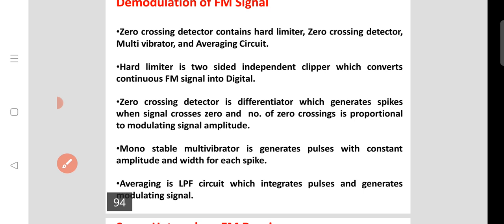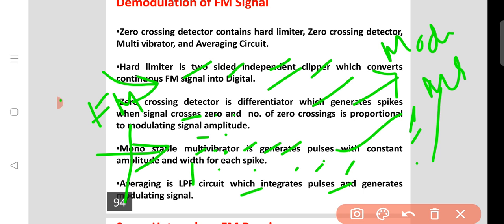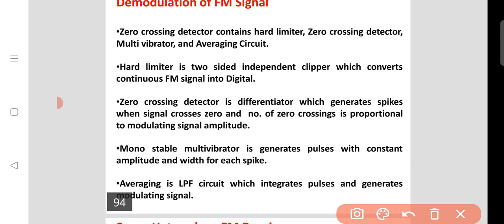Okay, this is the step by step. Once again I repeat, the hard limiter is a two-sided independent clipper which converts the continuous FM signal into a digital one. It means it clips our actual FM signal on the top and bottom side and produces a digital signal in nature, meaning a square wave like pulses.